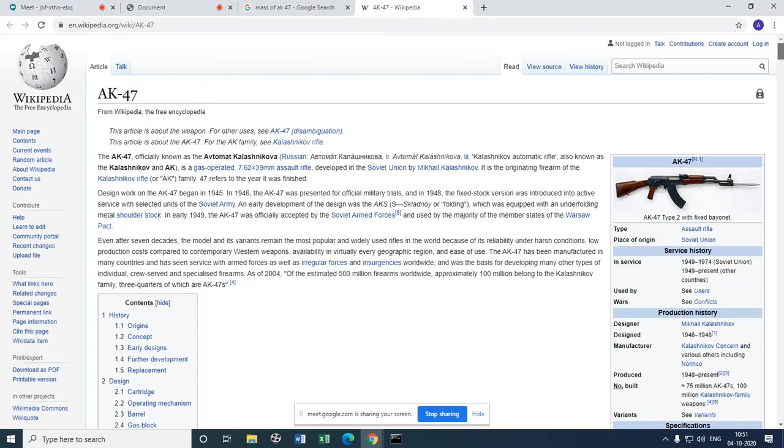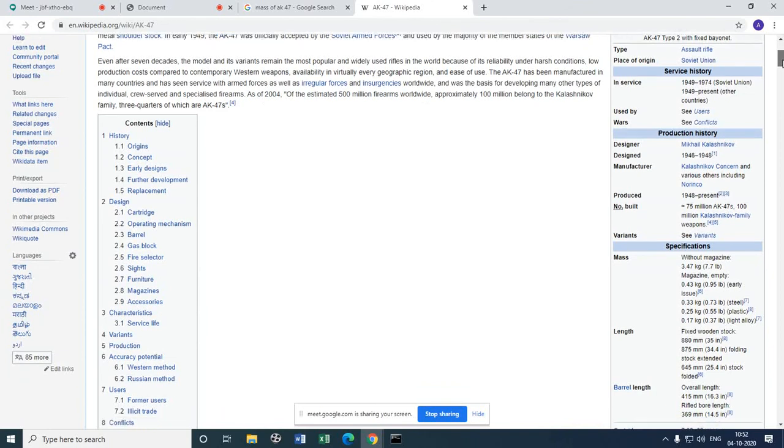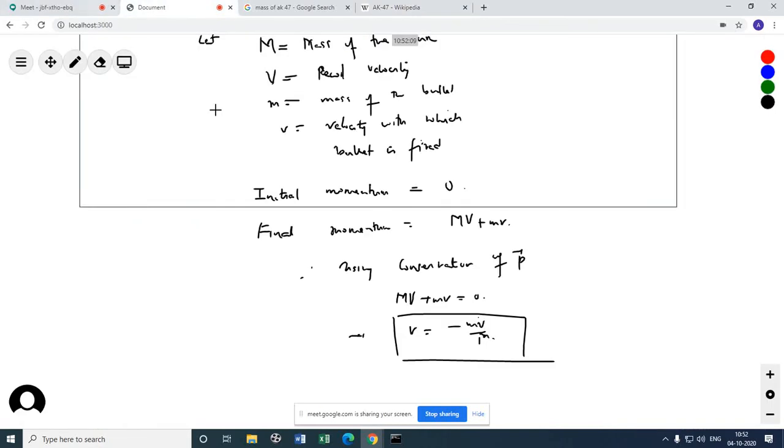If I take the magazine also, the magazine weighs 0.33 kg. So around how much? Okay, let us take this as 4 kg.